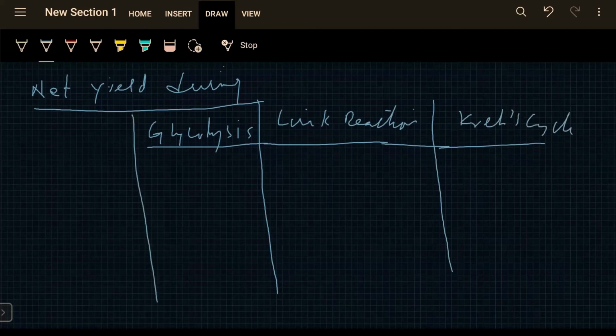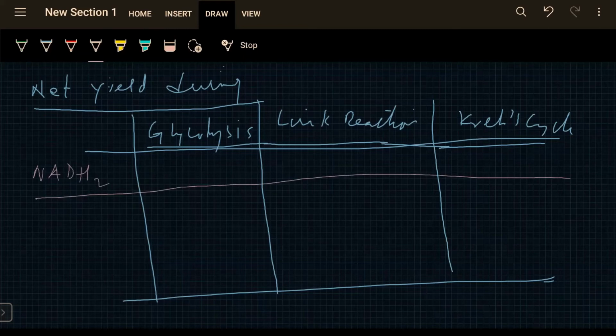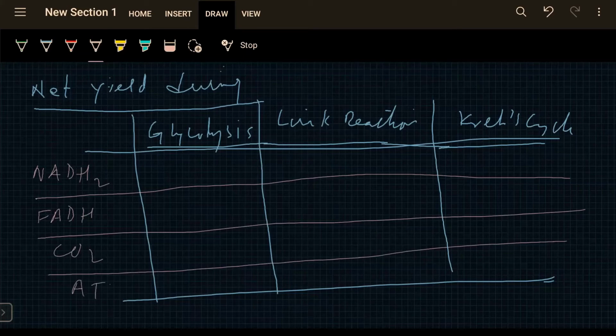So you should know how many NADH2 are made during each stage, how many FADH are made during each stage, how many carbon dioxide are produced during each stage, and how many ATP are produced during each stage.